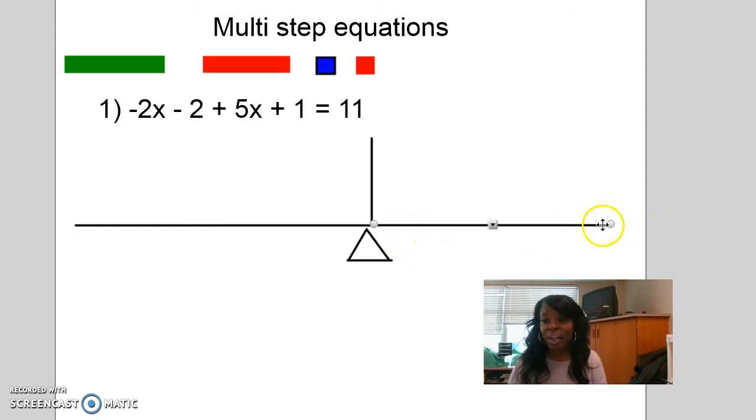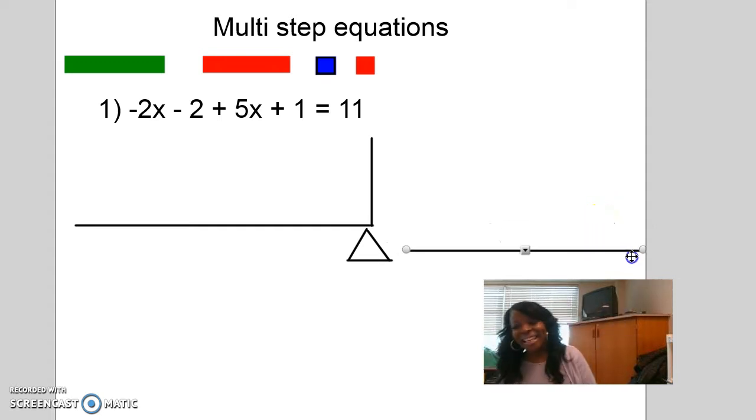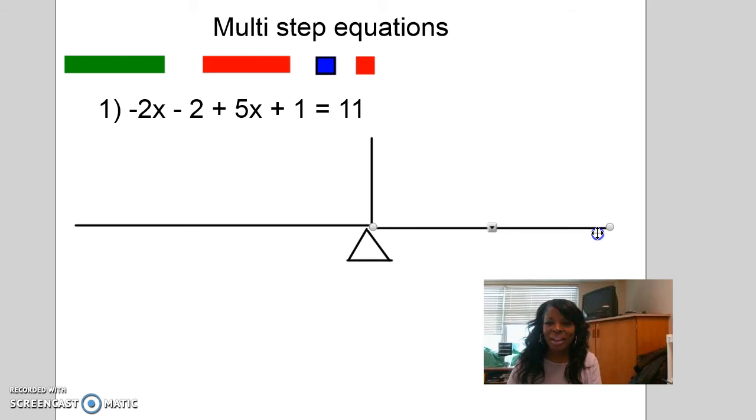But if your other friend, who's being funny, gets on the other side, you're going to flip off. Tilt over. Anyway, it's not behaving. So the scale: what you do on one side of the equation, you have to do on the other. All right, so let's set this up.